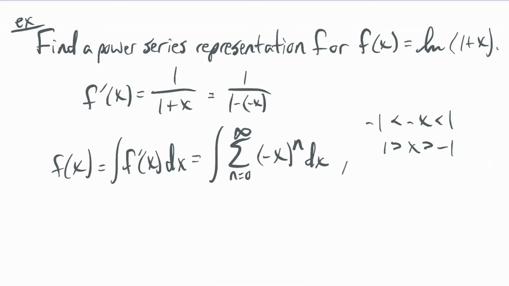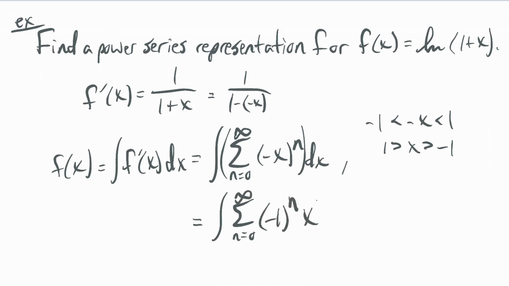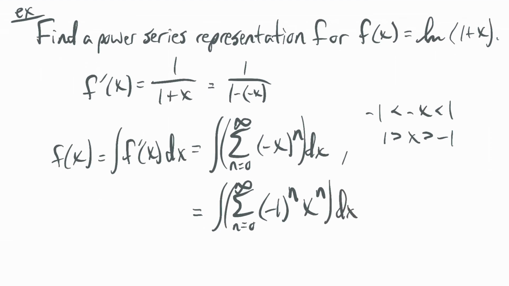So this will be the series as n goes from 0 to infinity of, well, there's two ways to do this. Before doing this term by term, I'm going to do the following. I probably should have parentheses. I'll write this in the following way. That's not necessary, I suppose, but that's the way I prefer to do it.